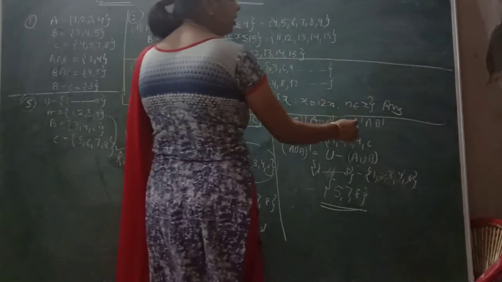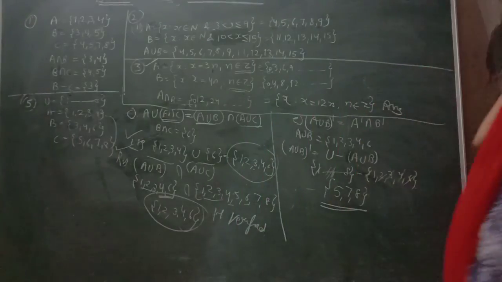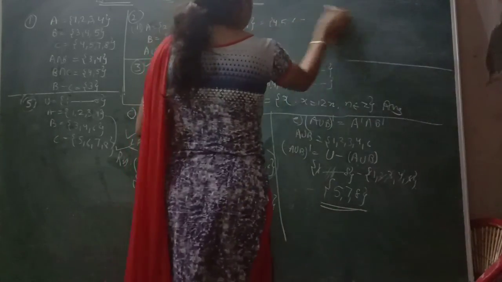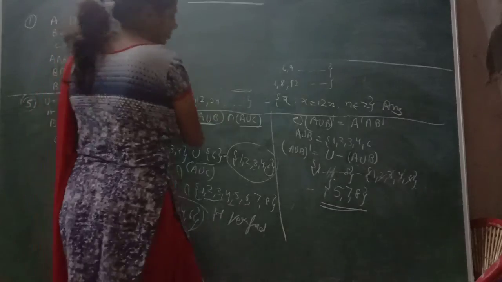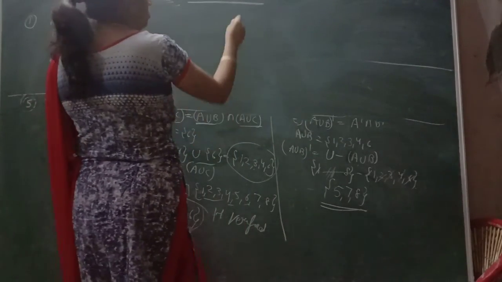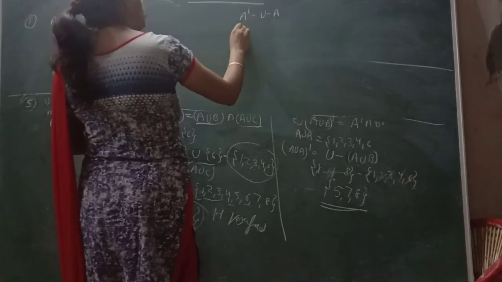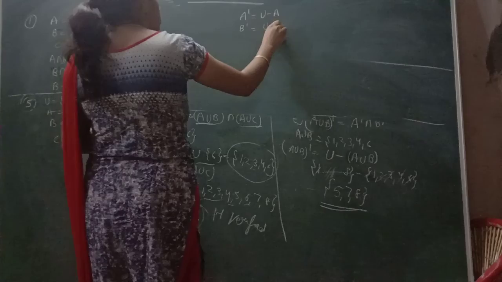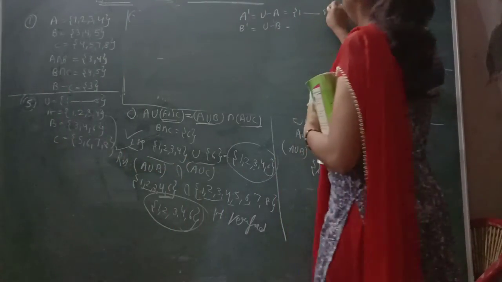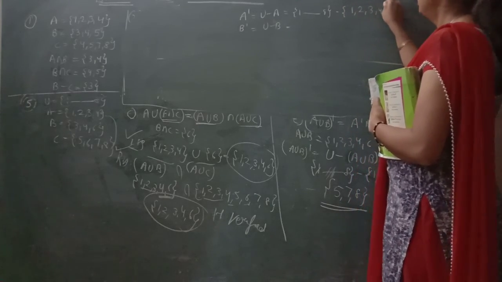Come to the right hand side, where you have to find A complement firstly. What is A complement? A complement is U minus A, and the B complement is U minus B. So U is 1 to 8 and A is 1, 2, 3 and 4.